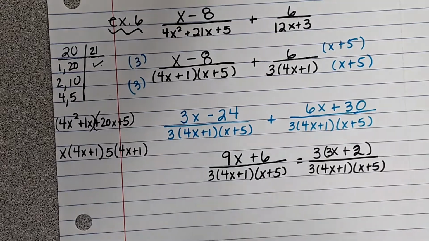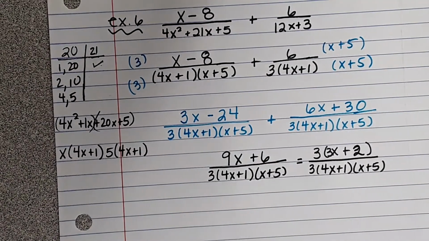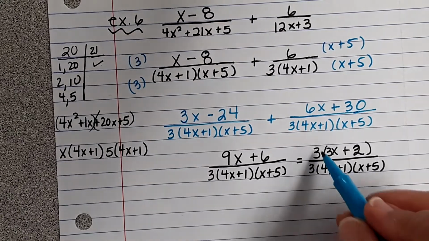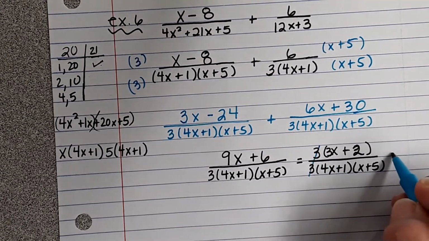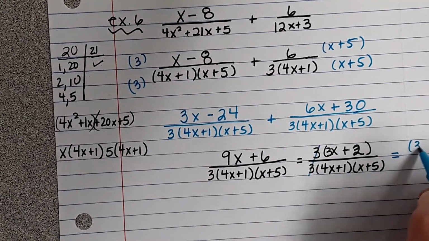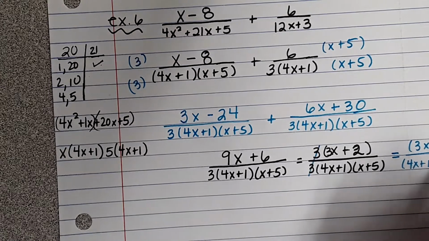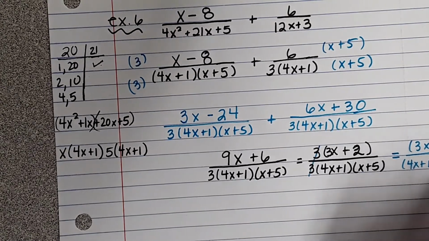Now we're at the part where you've added your fractions and now you need to reduce them if you have to. So what do they have in common? 3. So we're going to cross out that 3, and our final answer is going to be 3x plus 2 over 4x plus 1. Do they have to be in parentheses?